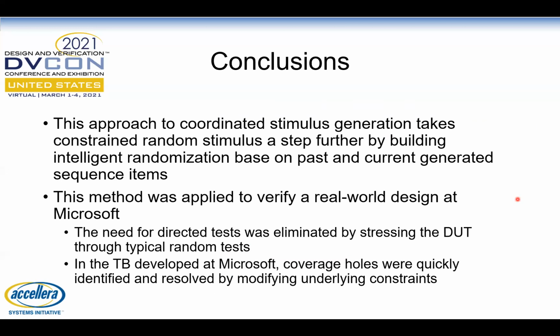One of the biggest benefits of using the traffic manager for our test bench was that coverage holes were quickly identified before coverage analysis, since we were not limited to directed tests. During the planning phase, we believed a significant number of directed tests would be required to achieve our coverage goals.